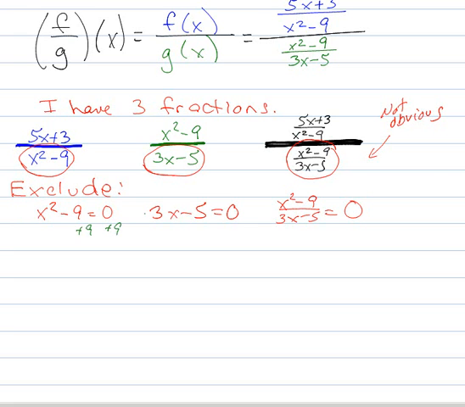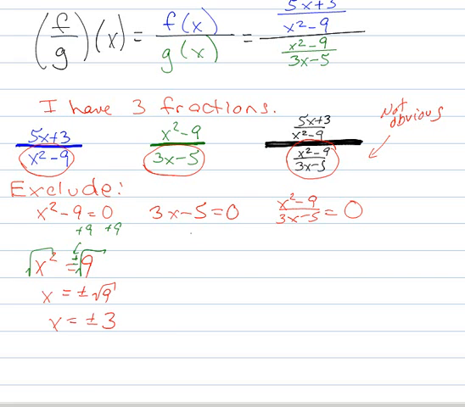Because there's just a bazillion ways to do something wrong here. So x squared equals 9. If I take the square root of both sides, I do what here? Stick in a plus or minus. x equals plus or minus 3, right?